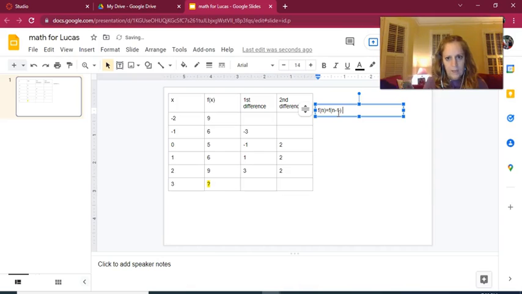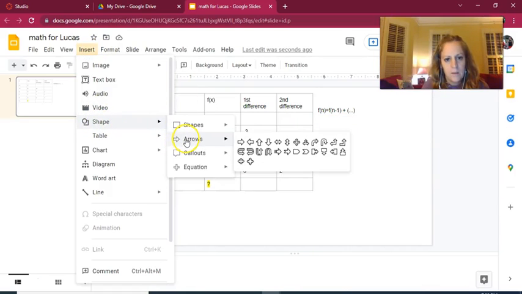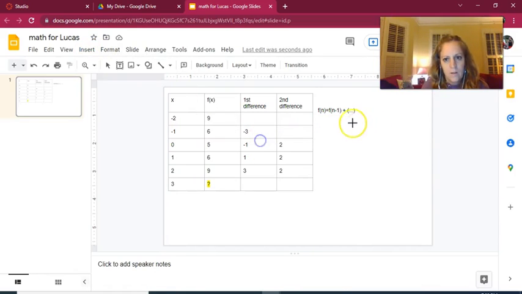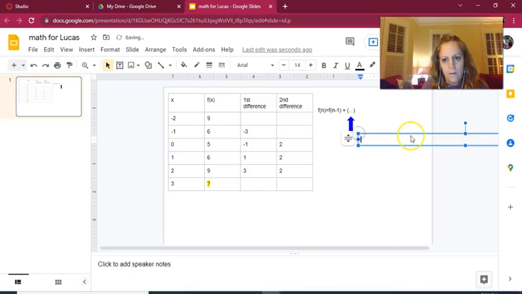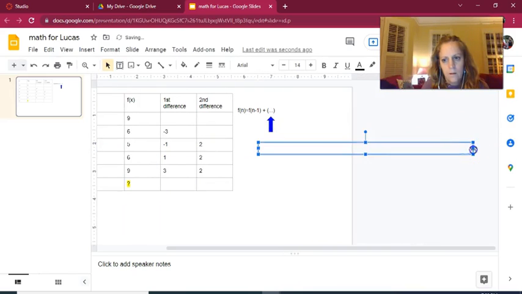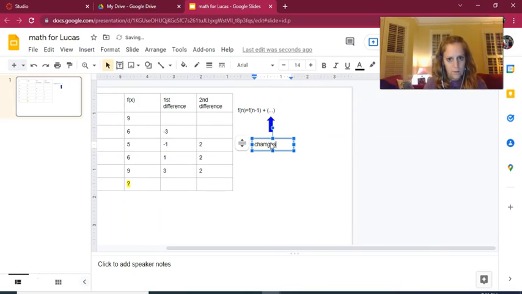And then I need to add something. I'm going to add something to it, what I don't know yet, and I'm going to put it in parentheses. According to the video, that's because this right here changes.